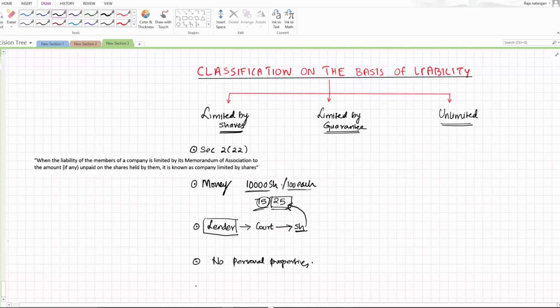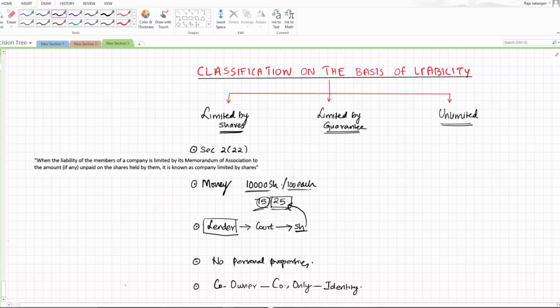And we should also understand one thing: when a person becomes a shareholder of a company, he is becoming co-owner of the company only, and he is not becoming co-owner of any of the assets of the company. Let's be clear on that. The ownership of the assets will remain with the company only, because the company has a separate legal identity.